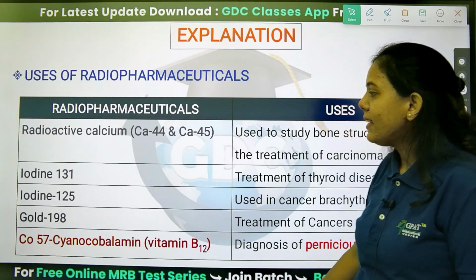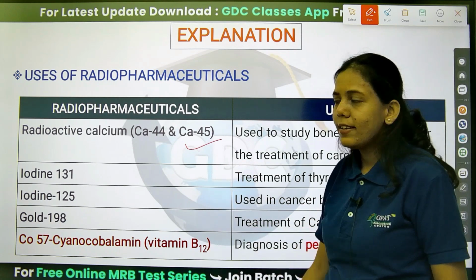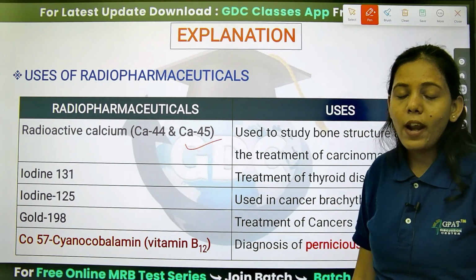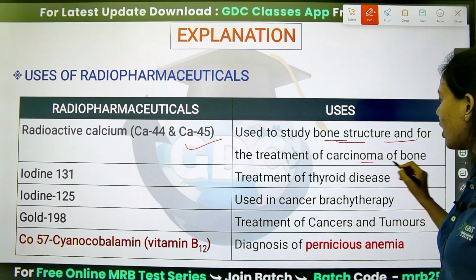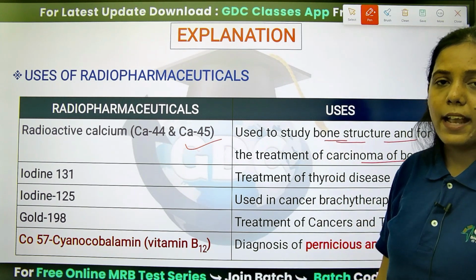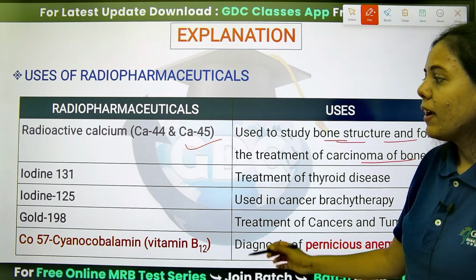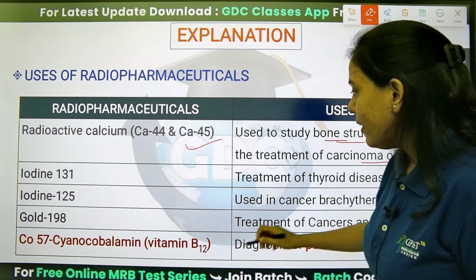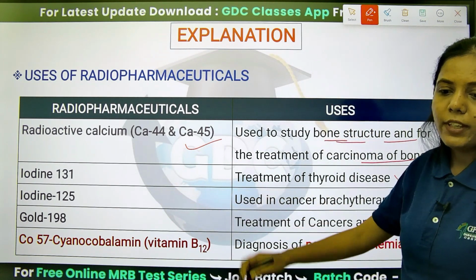Let's see the others also. Calcium 44 and calcium 45 are used to study bone structure, because it contains calcium, and in the treatment of carcinoma of bone, which is nothing but cancer of the bone. Iodine 131 is for the treatment of thyroid disease.